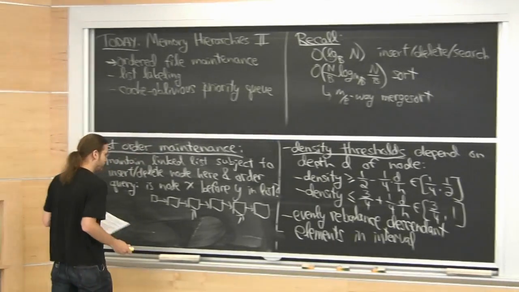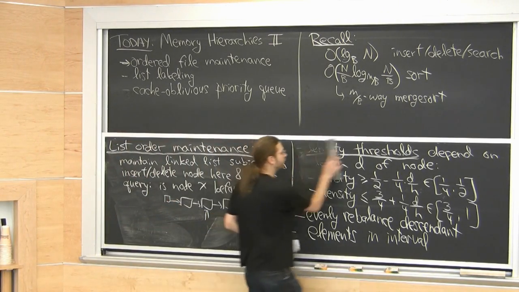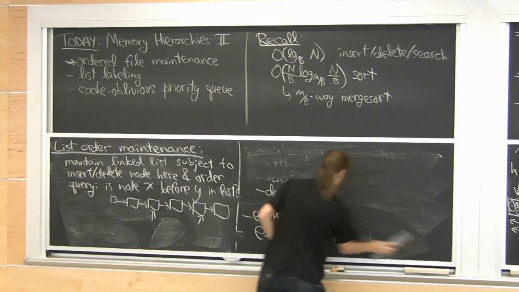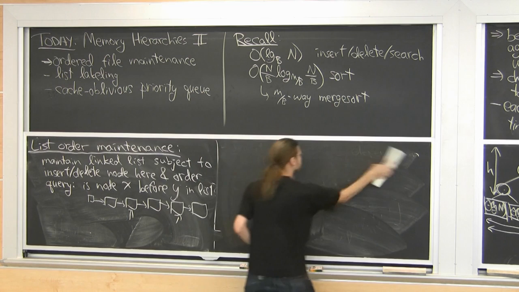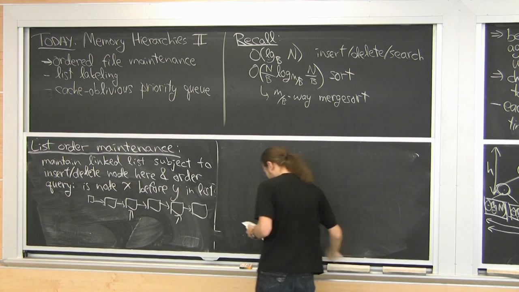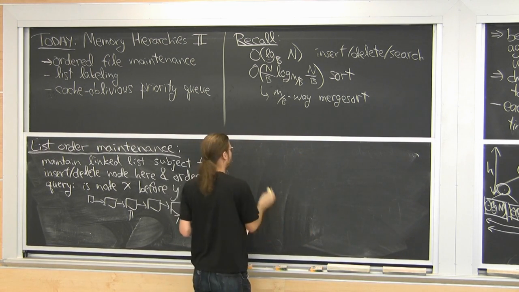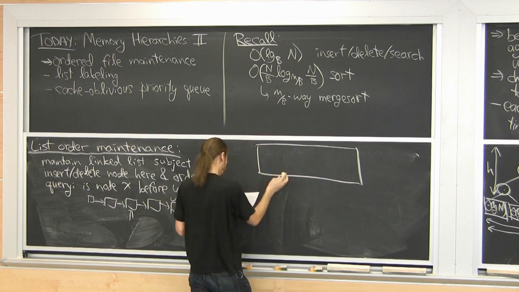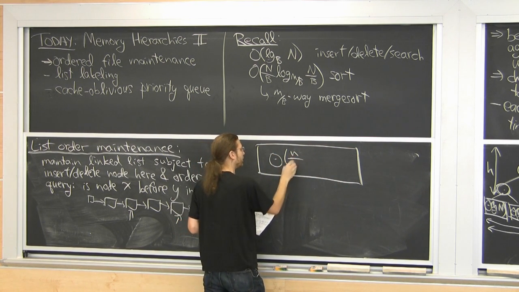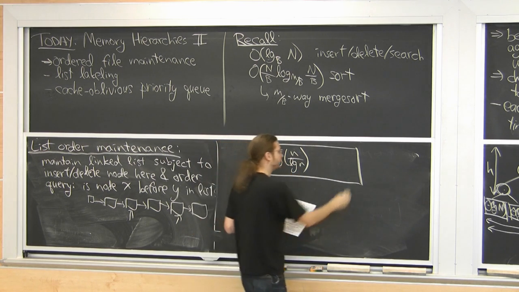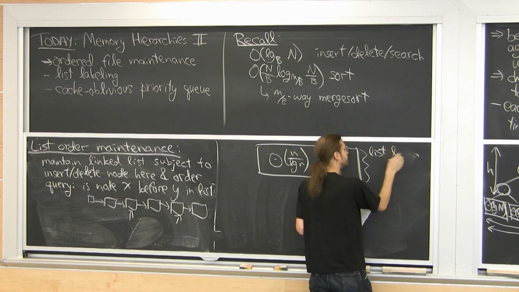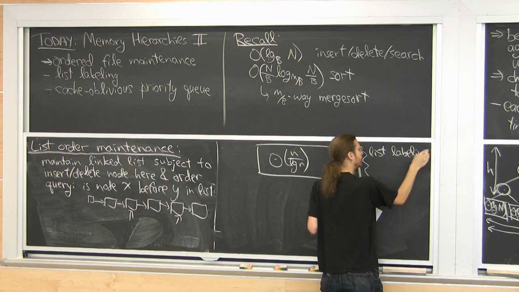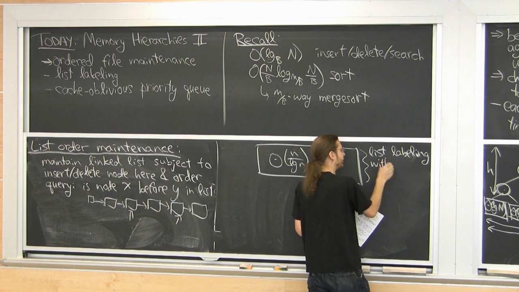Okay, so let's do that on this board. On the top, we're going to store n over log n items using this list labeling with label space, say n squared.